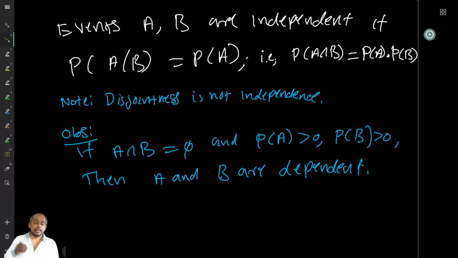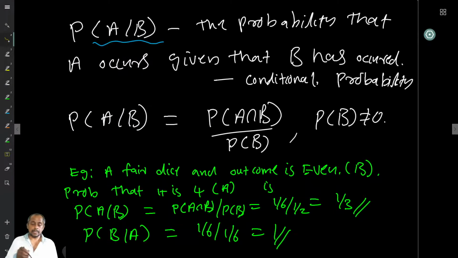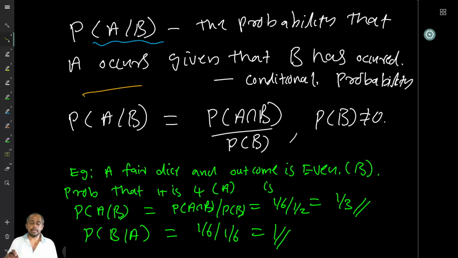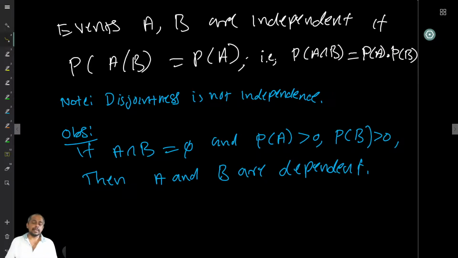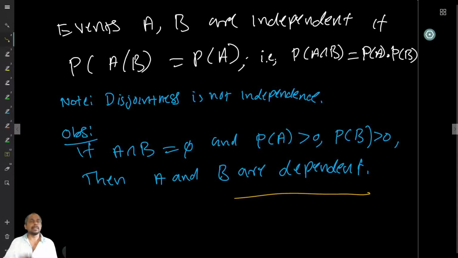So they are basically not independent. What we want is that probability of A intersection B is equal to probability of A times probability of B, the product of the probabilities, because of this identity: probability of A given B is equal to probability of A intersection B by probability of B. So events are independent means that this should happen. Now, again, if A intersection B is empty, that is, they are disjoint, and probability of A and probability of B are strictly positive, then A and B are never independent.